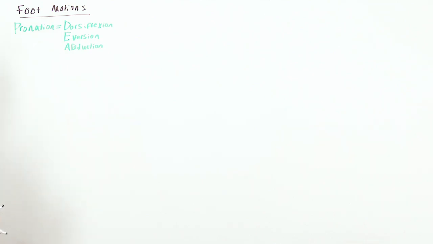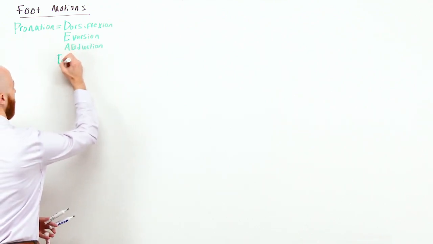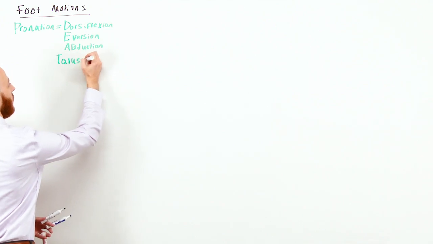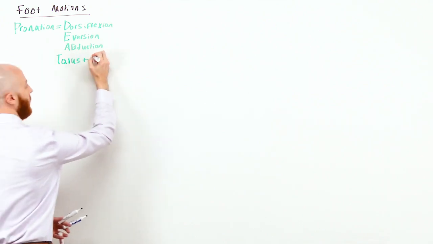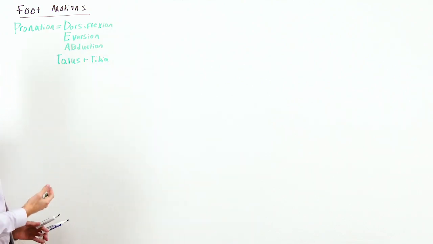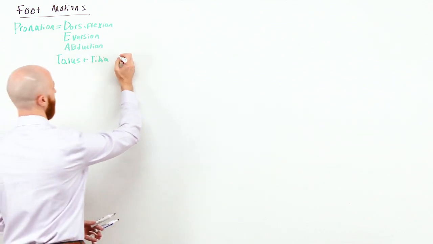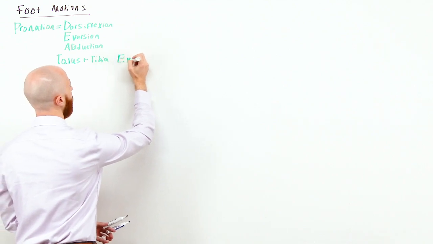When you make that motion with your foot, other bony landmarks are also going to move to accommodate. So some motion is going to be in the talus and also in the tibia. When you pronate your foot, your talus and your tibia are going to accommodate by externally rotating.